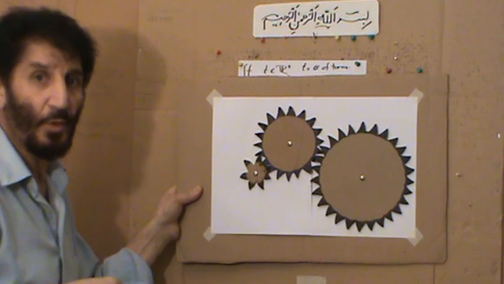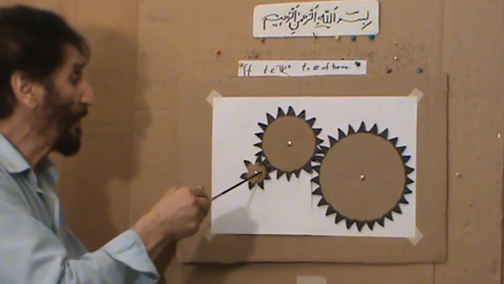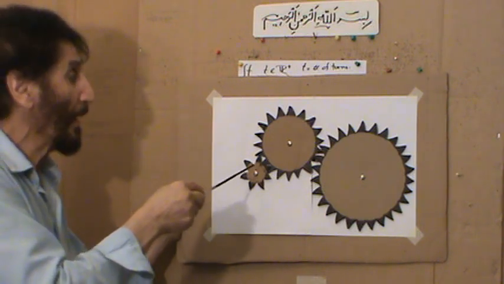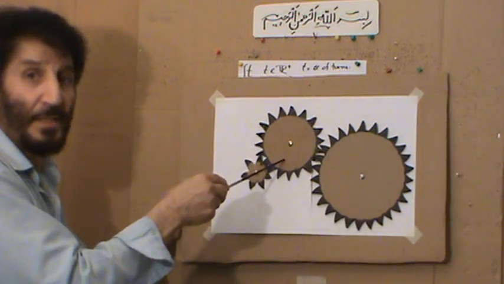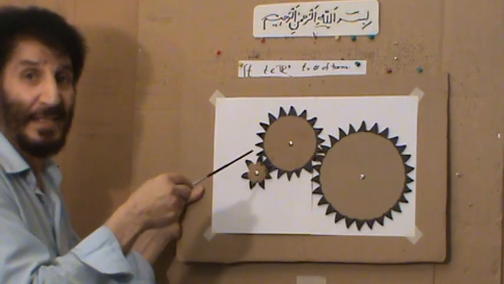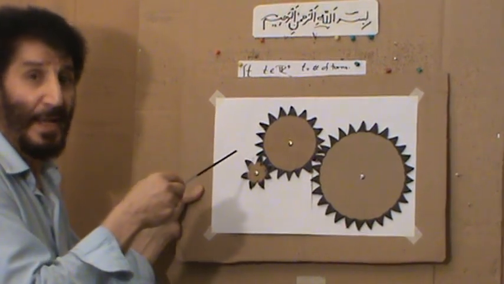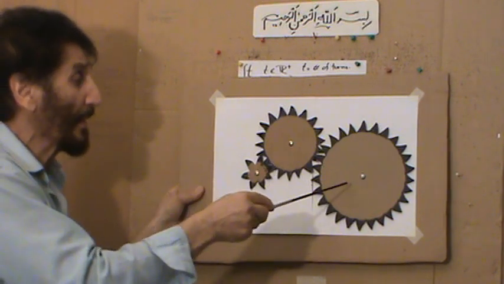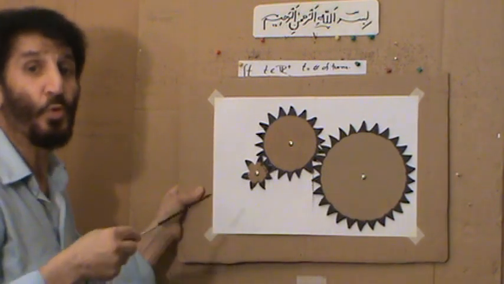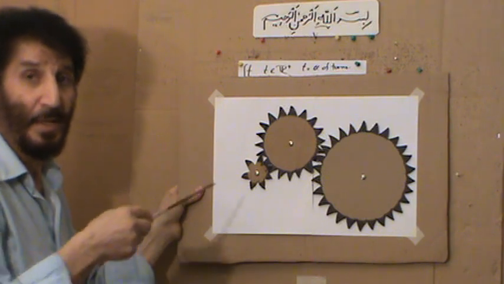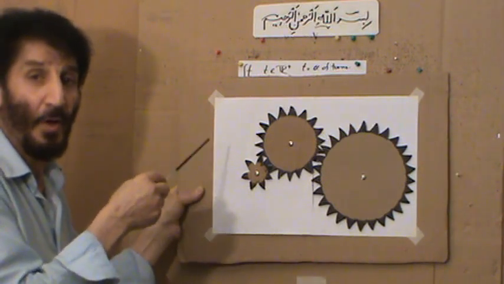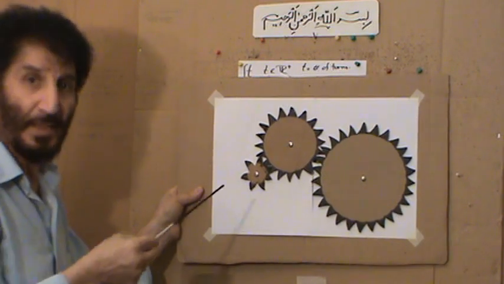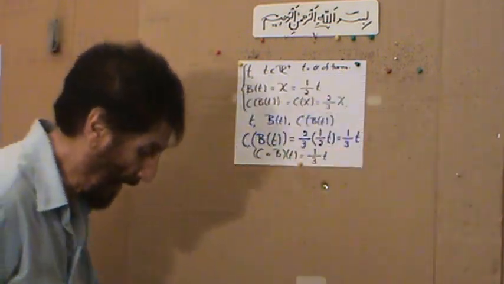I have written them, I will go over them for you. So when this one makes 6 complete rotations, it will cause the middle one to rotate 3 complete rotations. And when this one makes 3 complete rotations, it makes the larger one 2 complete rotations, because of the ratio of the radii that I have already mentioned. All right, are you comfortable with that?